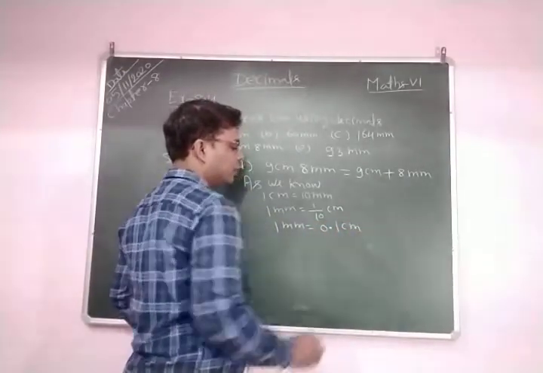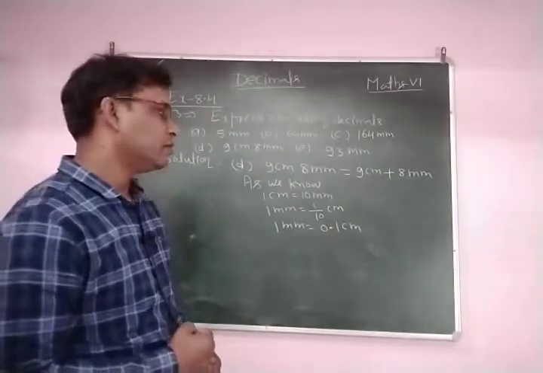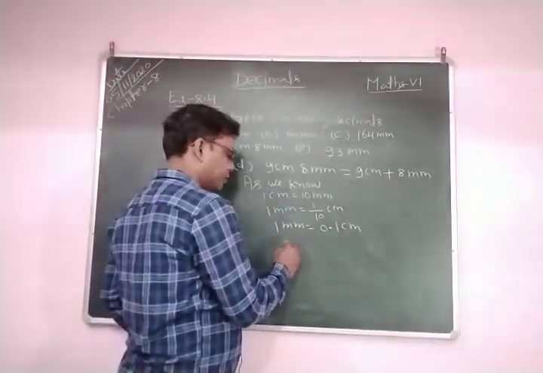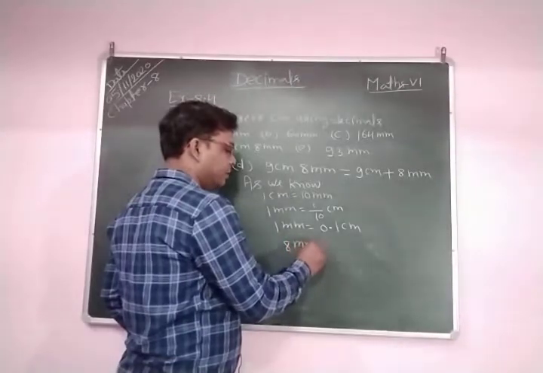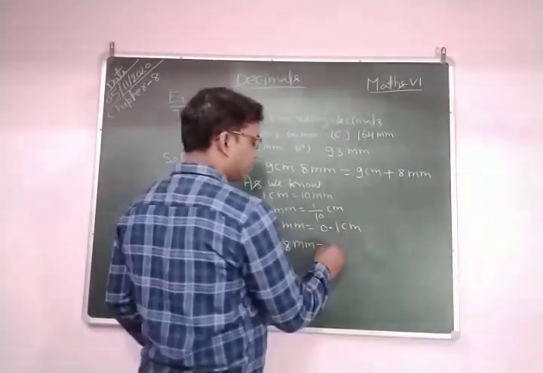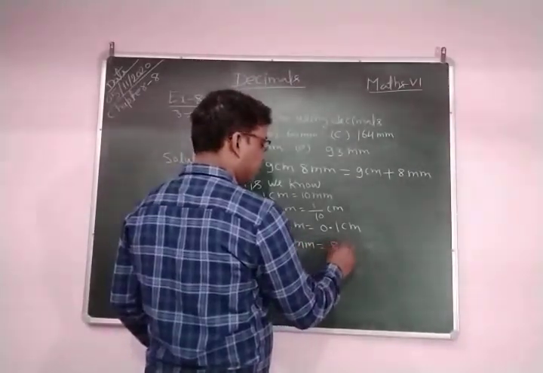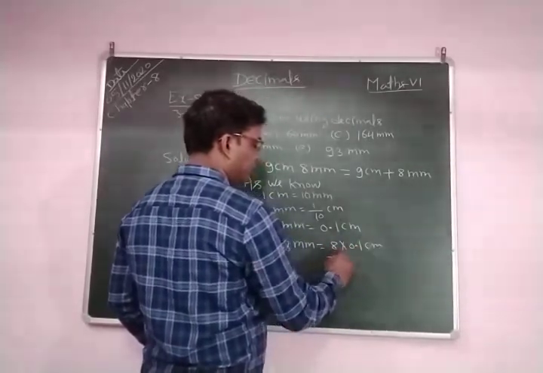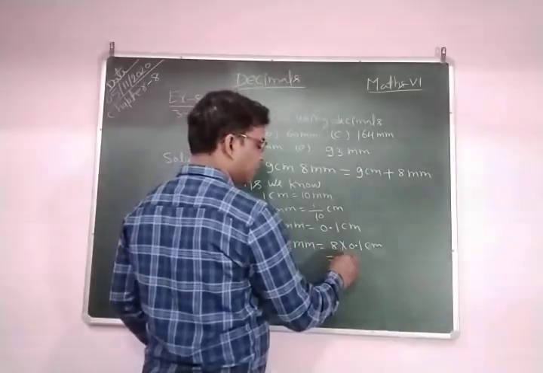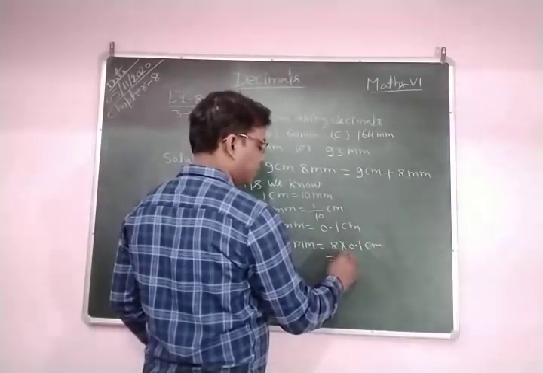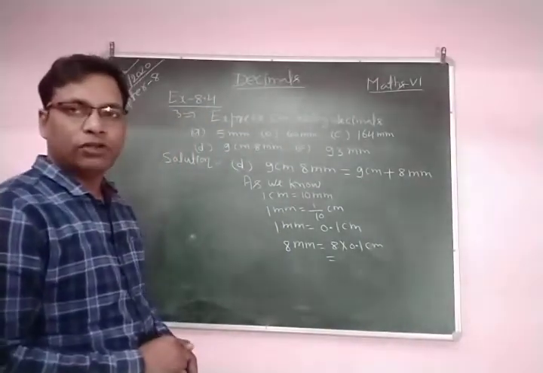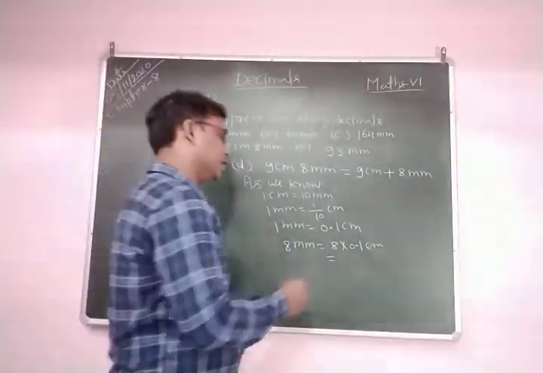So 1 millimeter is equal to 0.1 centimeter, but we have 8 millimeters. 8 millimeters is equal to 8 into 0.1 centimeter, and if you multiply 8 by 0.1, we obtain 0.8 centimeter.